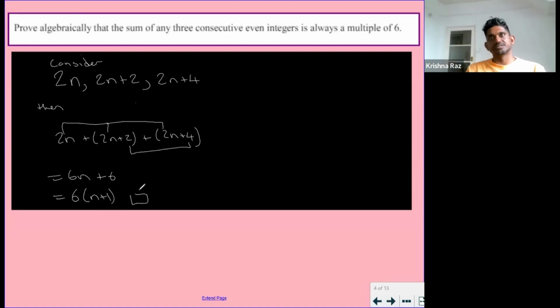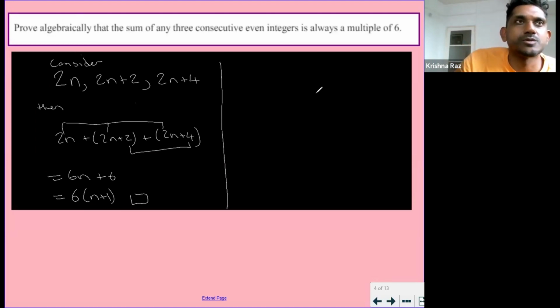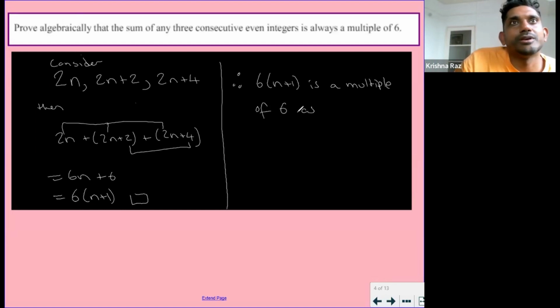Pull out that factor of 6, so I see that it's a multiple of 6. You ain't gangster enough to put the square, then. Therefore, 6n plus 6 is a multiple of 6, as required.